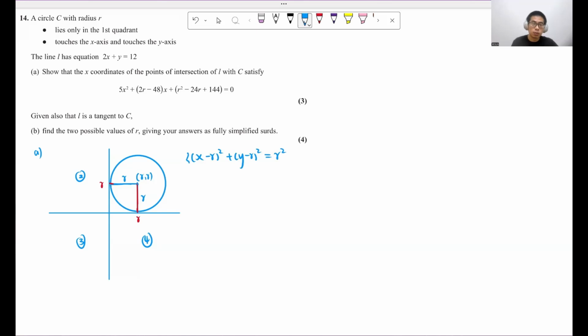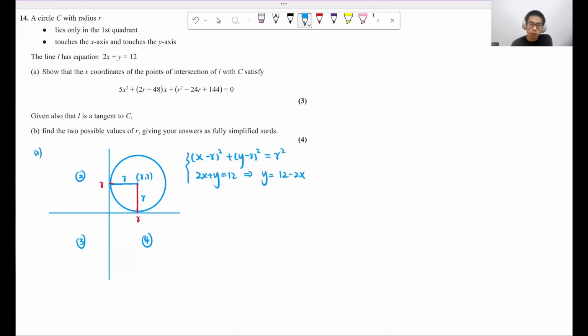And then the equation of the line is 2x plus y equals 12, and they want us to find the x-coordinate of the point of intersection. So we just do substitution. I will make y the subject, so y equals 12 minus 2x.